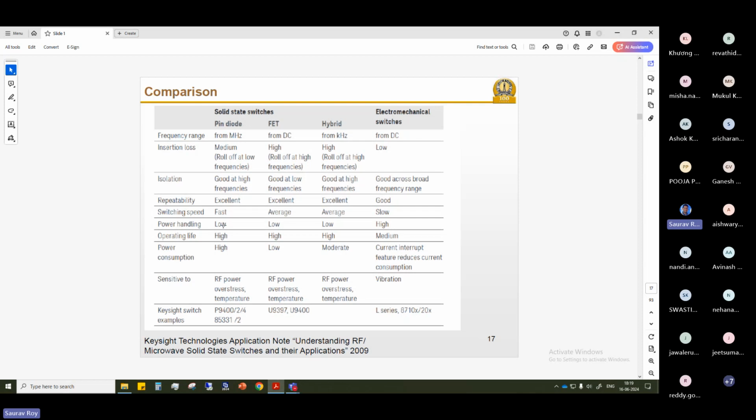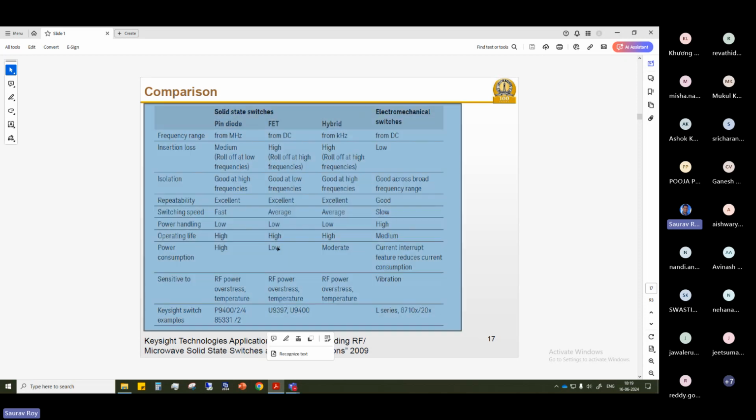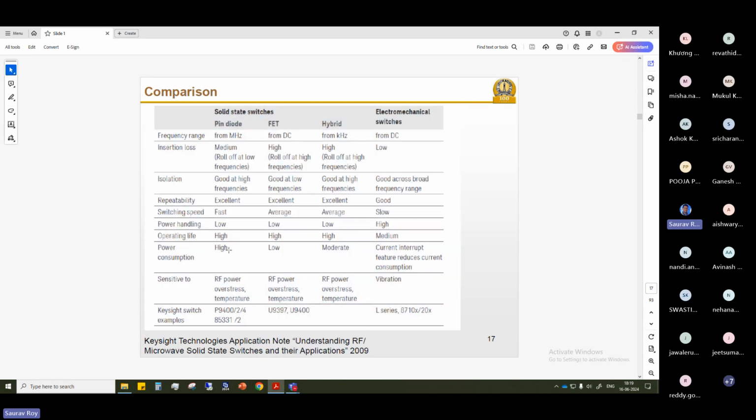Power handling is low. That is one disadvantage for these switches, but MEMS switches can be used for high power operations. And as expected, FET switches have very low power consumption, and pin diodes have, on the other side, high power consumption.